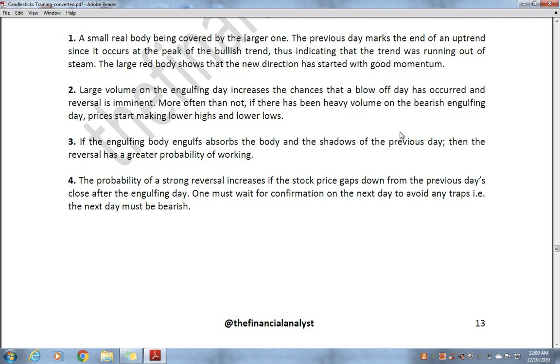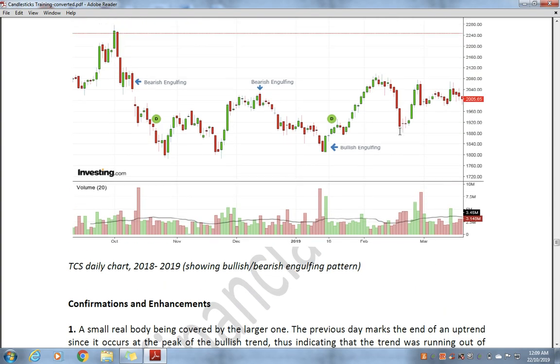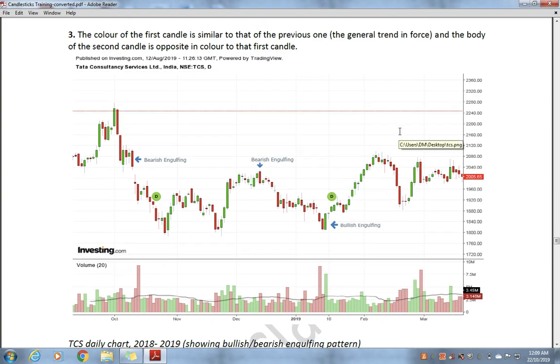One thing I want to add before I wind up is how can we take a trade, since you know the bearish engulfing and the bullish engulfing. I've illustrated how to take a trade in this example. We could have easily sold our share over here at the bearish engulfing candlestick, as we've discussed earlier.